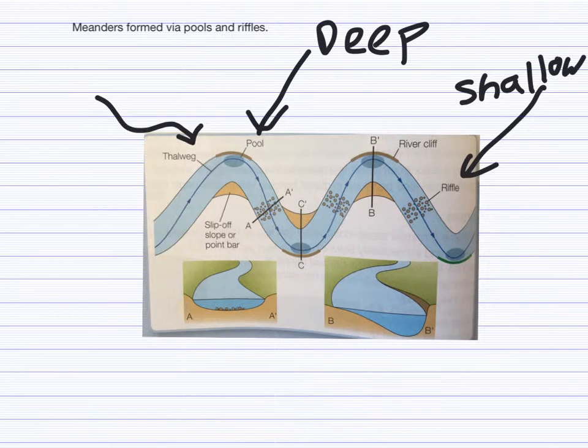Now, because the thalweg, the fastest flow of water, usually goes to the outside bend of a river, that is where the most erosion takes place. On the outside bend of the river you have more erosion because there's faster water.